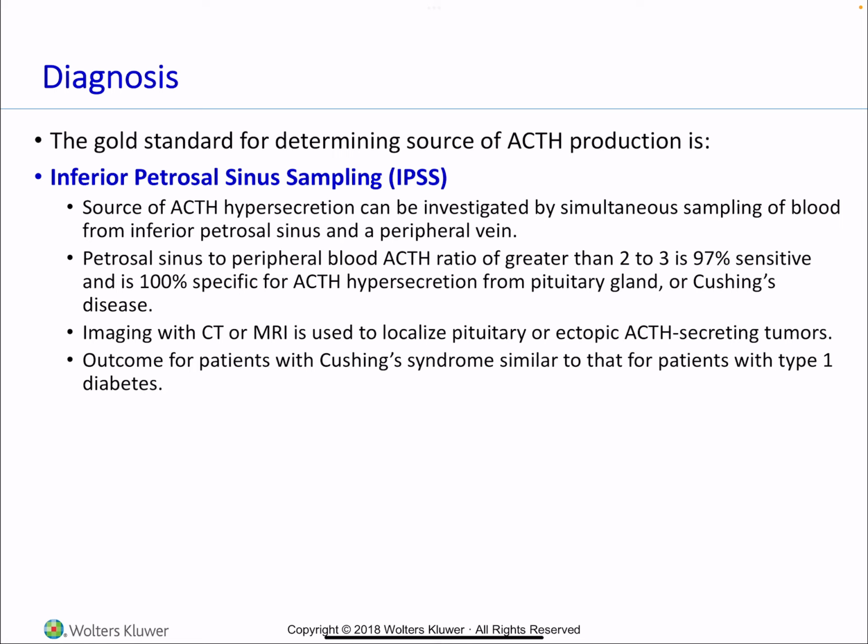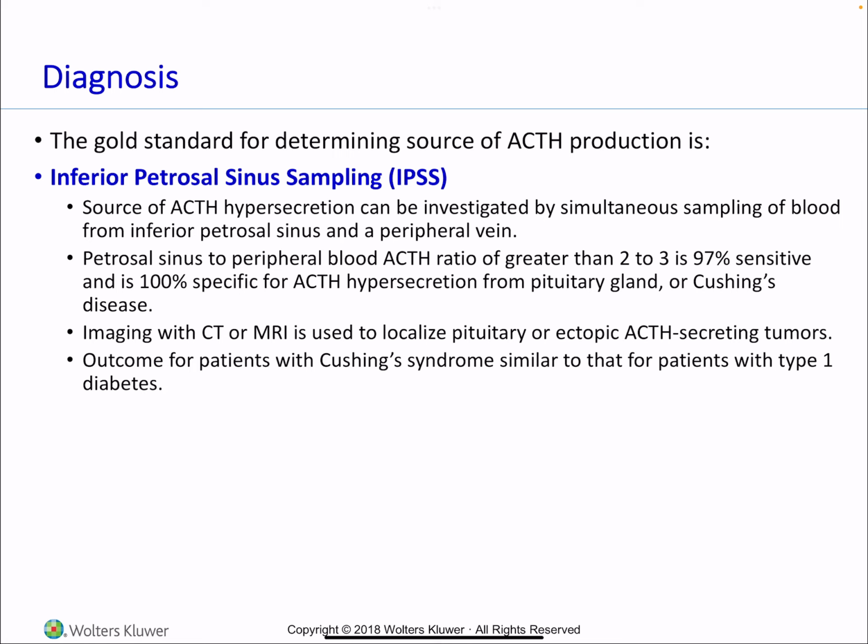A petrosal sinus to peripheral blood ACTH ratio of greater than 2 to 3 is 97% sensitive and 100% specific for ACTH hypersecretion from the pituitary gland, or Cushing's disease.